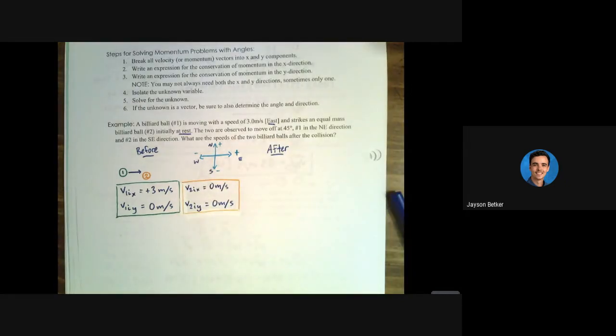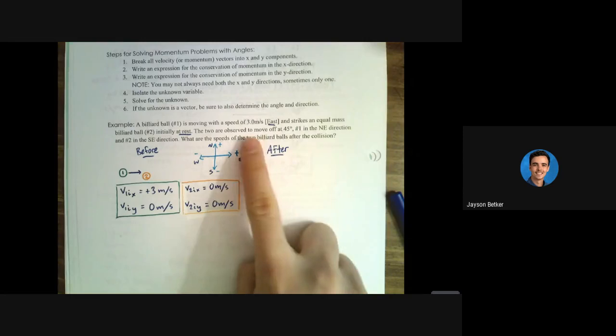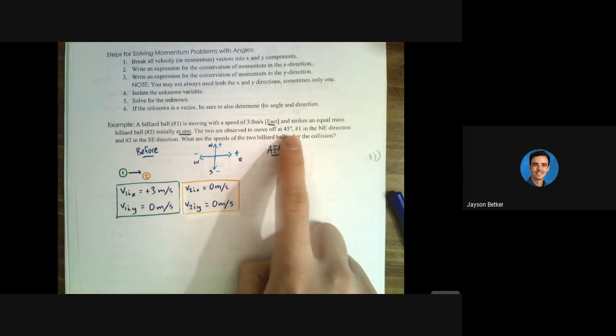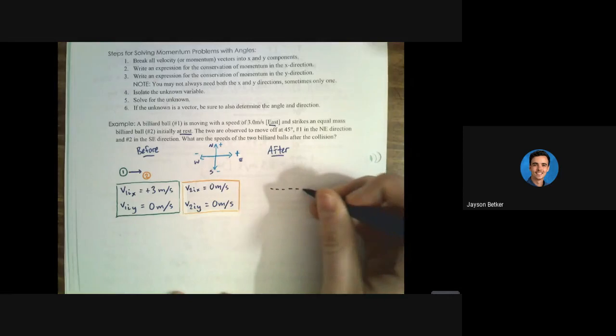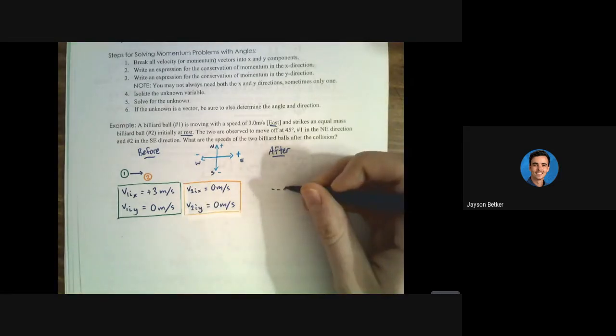Now let's take a look at what happens to these two billiard balls after. It says in the question that they are observed to move off at 45 degrees, number 1 in the northeast direction and number 2 in the southeast direction. So I'm going to set up a horizontal axis here for them to both have their angles measured off of. I've got one going up 45 degrees.